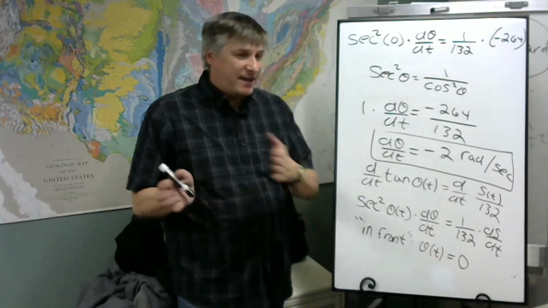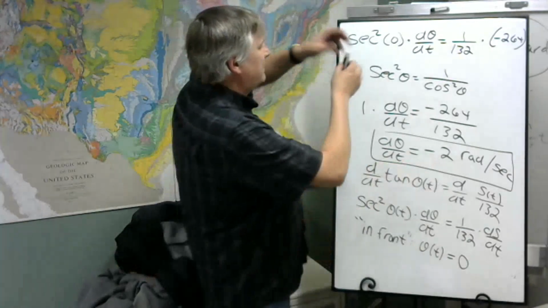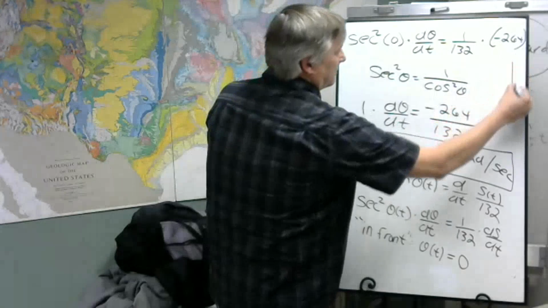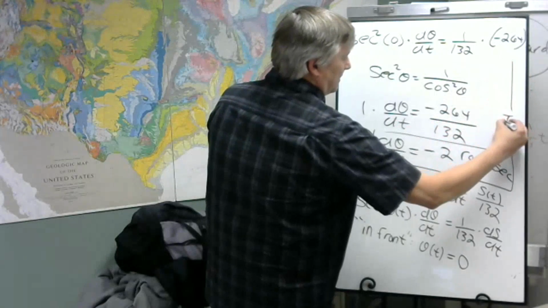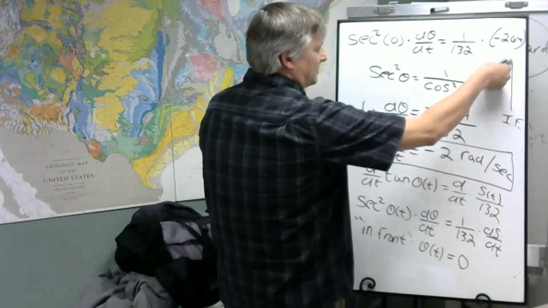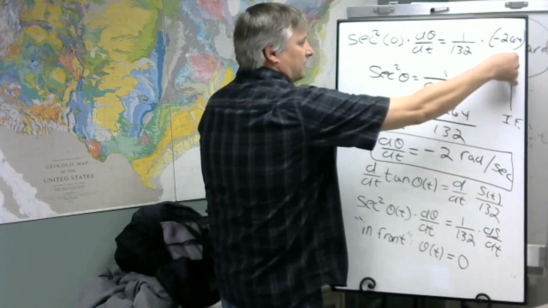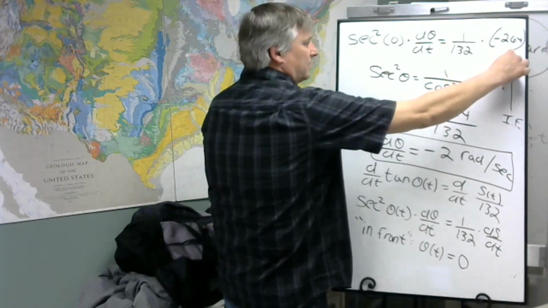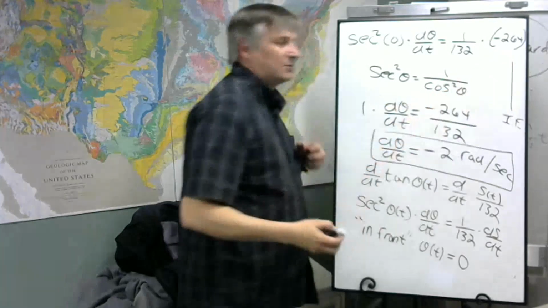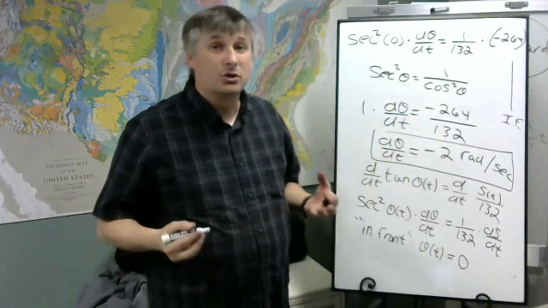So that's how fast the camera angle is changing. And the reason it's negative is, again, in front, we're watching this car, the angle between the camera and this vertical is shrinking to 0. And since it's shrinking, the rate of change is going to be negative.